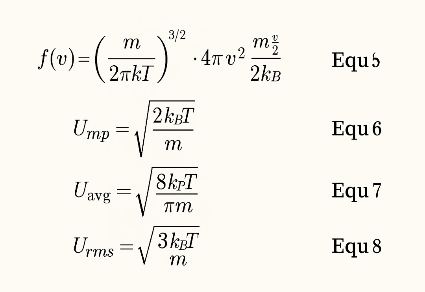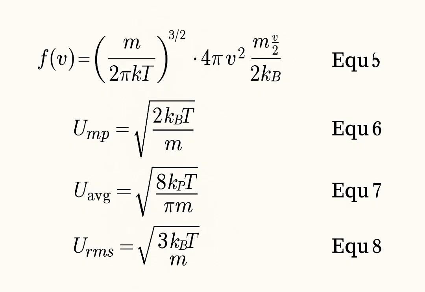The average speed, u_avg, in equation 7, is the mean of the molecular speeds in the gas. It is calculated as the average of all possible speeds weighted by their probability, and the root mean square speed, u_rms, in equation 8, is the square root of the average of the squares of the molecular speeds.